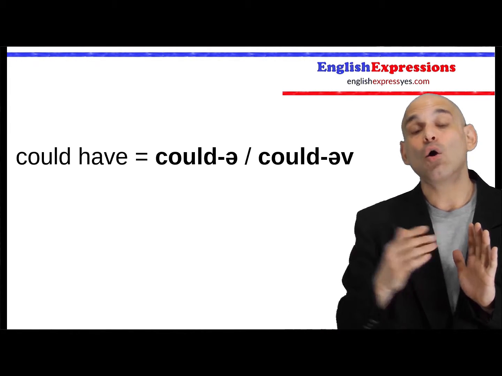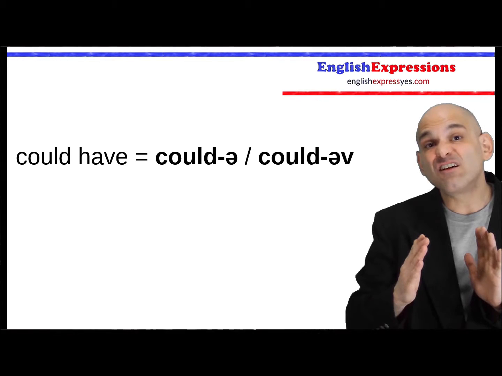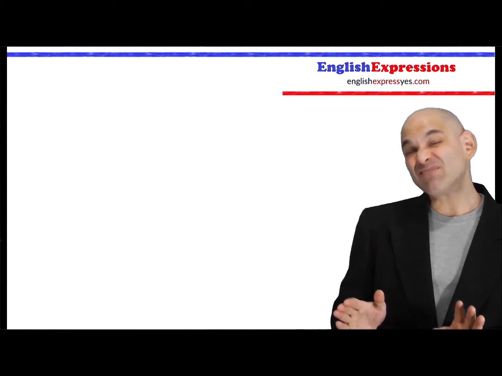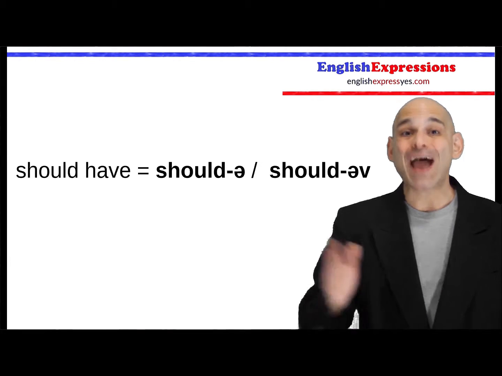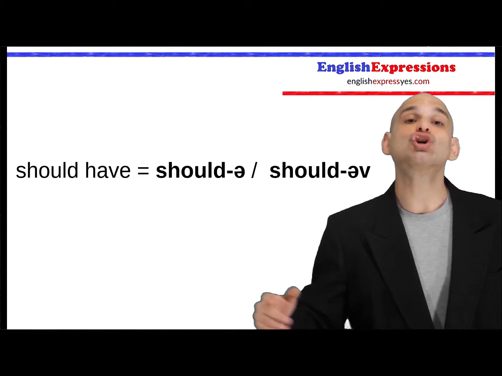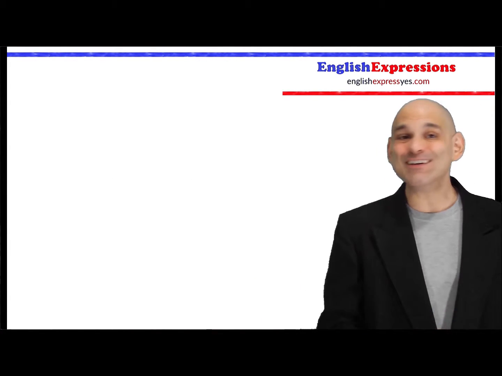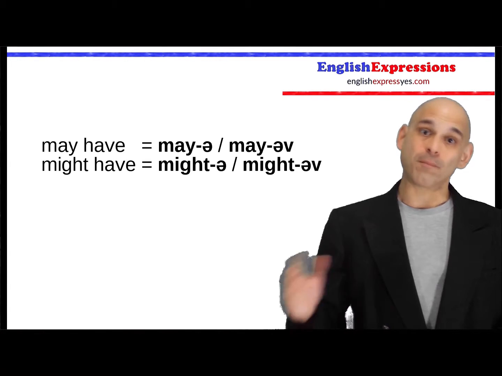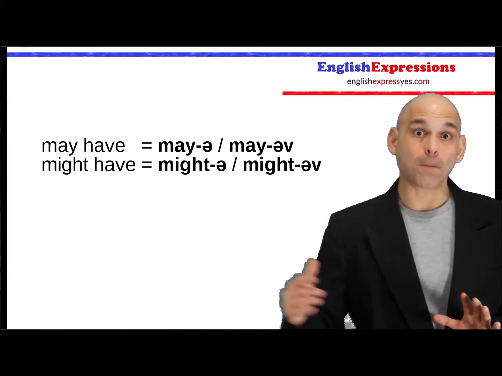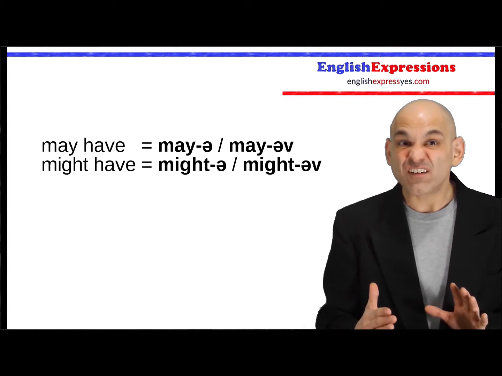Or couldn't-a, or couldn't have for the negative. A native English speaker would probably not say should have. They would probably say shoulda or should've. Now, a native English speaker wouldn't say might have or may have. They would say mighta or might have or may have. Or maya or may have.